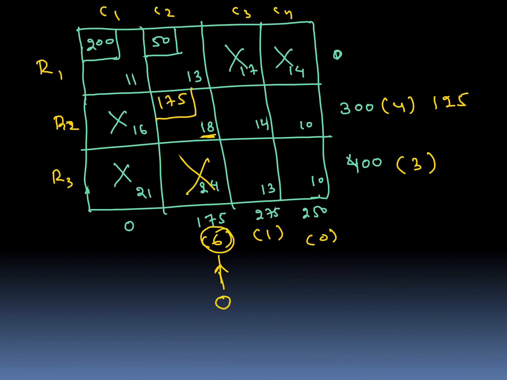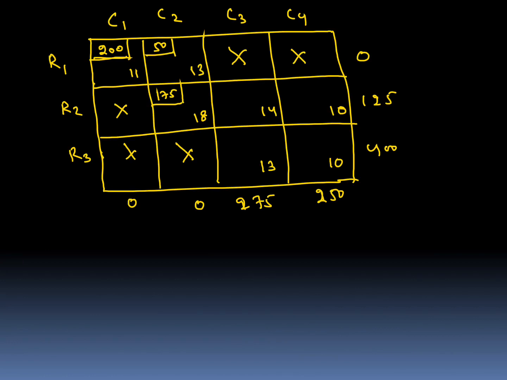Again in the next step, in row 2 you check 14 and 10, difference is 4. Here 10 and 13, difference is 3. 10, difference is 0. 13 and 14, difference is 1. Maximum difference, maximum penalty is here. So this is your key area. Here you check which one is the minimum. Minimum is 10. So 125 is the supply, 250 is the demand.